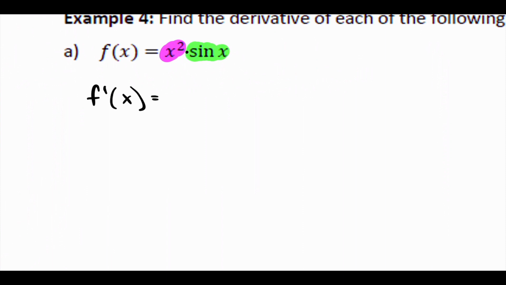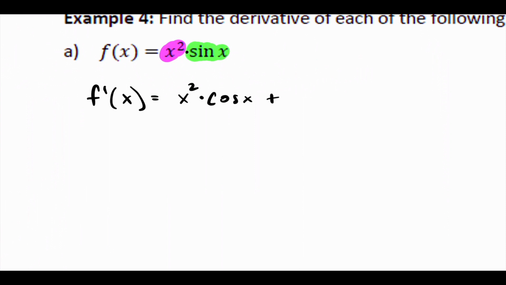Product rule says the derivative of the first times the derivative of the second. Well, the derivative of sine is cosine, plus the reverse.